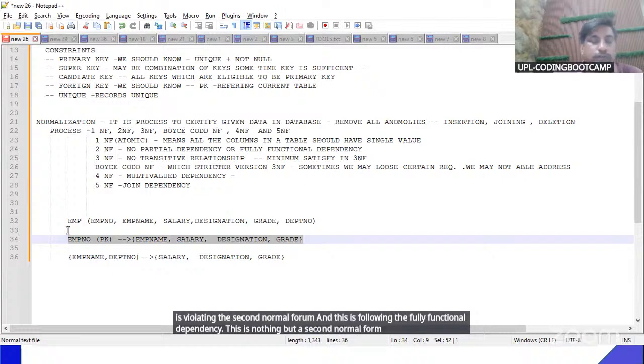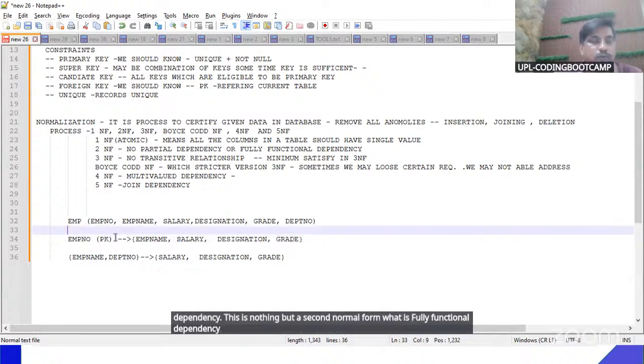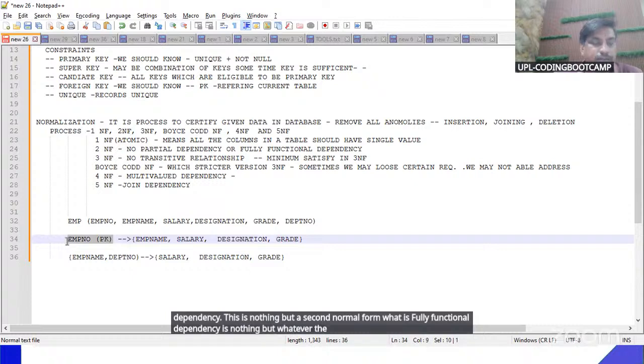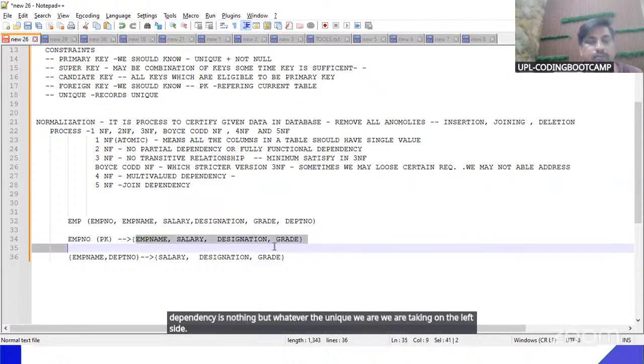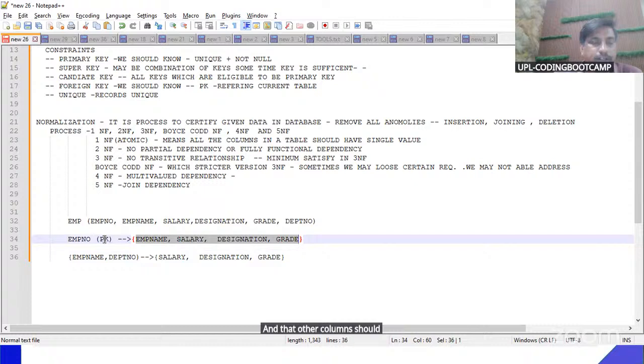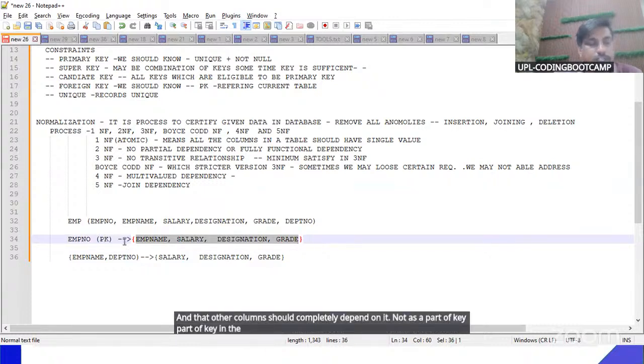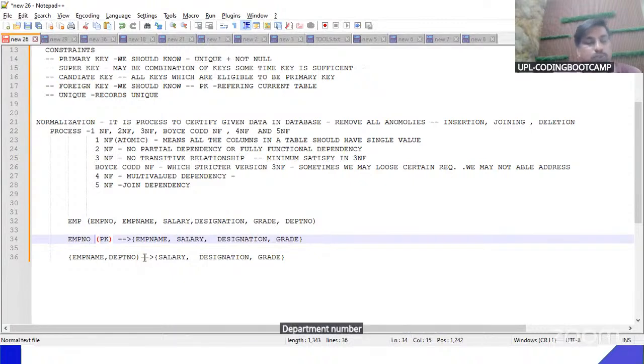What fully functional dependency means is, whatever unique key we are taking on the left side, the other columns should completely depend on it, not on a part of the key. In the sense, if there is one more key, you should not say that sometimes I derive through employee number, sometimes I derive from the department number. We should not do such cases.